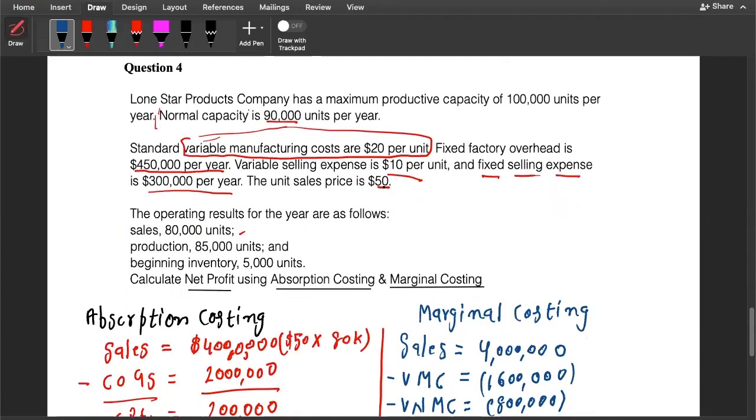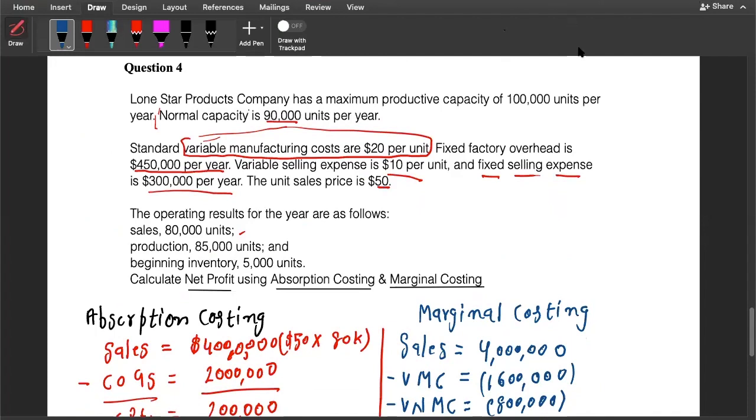Right. Any questions for question 4? Or we move on to the next. Okay, no questions. So let's move on to the next question.